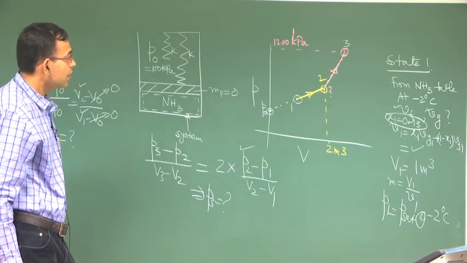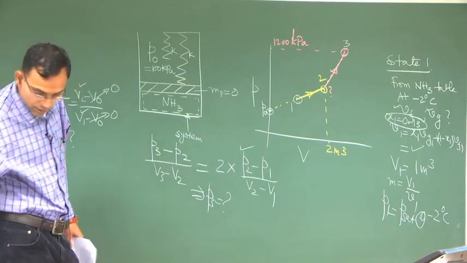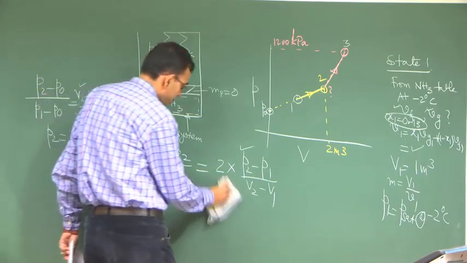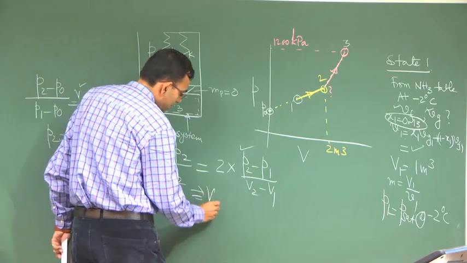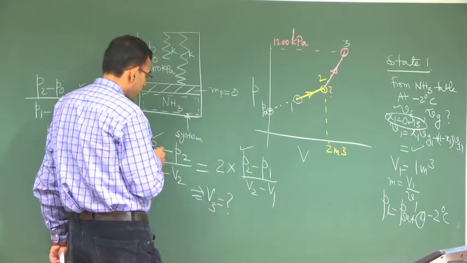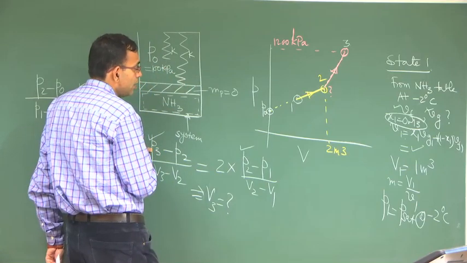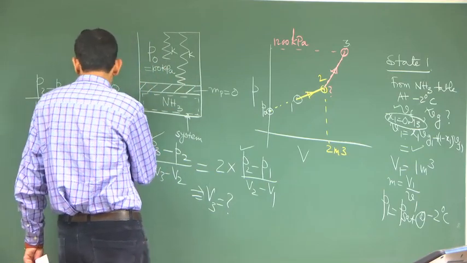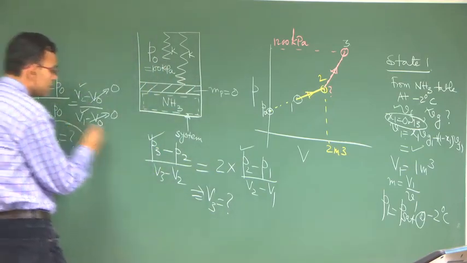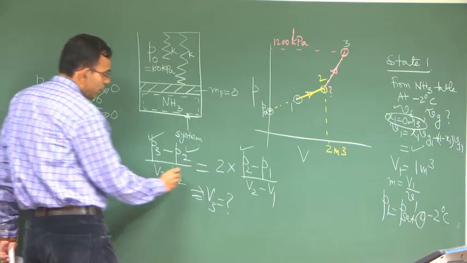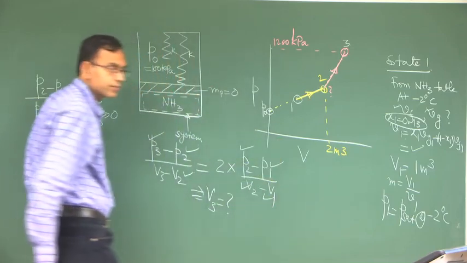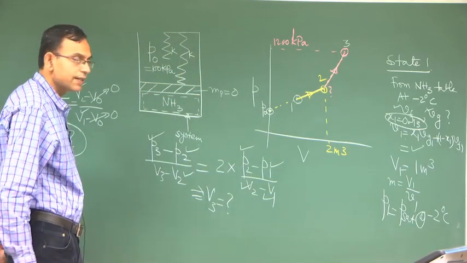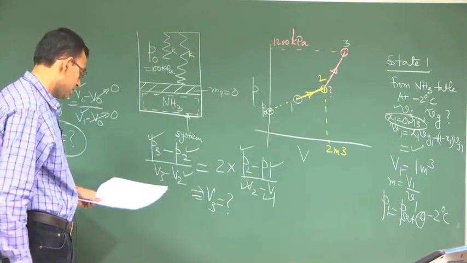P3 is already, sorry, V3. P3 is given. So, from here you can calculate what is V3. P3 is given, P2 you have got from here. So, V2 is known, V1 known, P1 known. So, from here you will get V3.